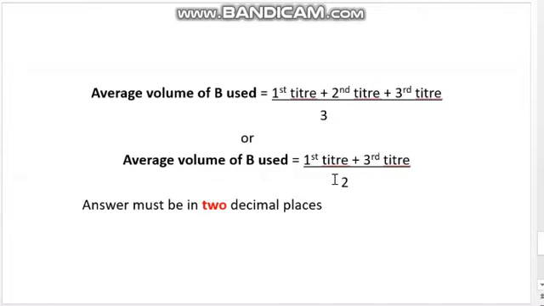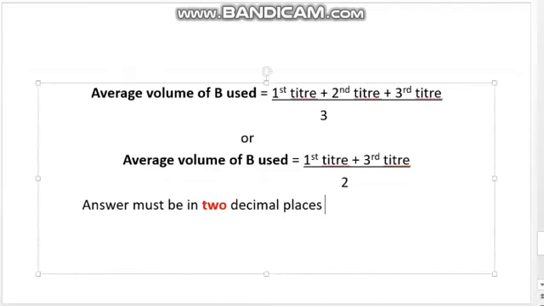If you are picking 2 theta values, you pick any 2 of your choice: first theta plus third theta over 2, any 2 of your choice, divided by 2. Answer must be in 2 decimal places with units.